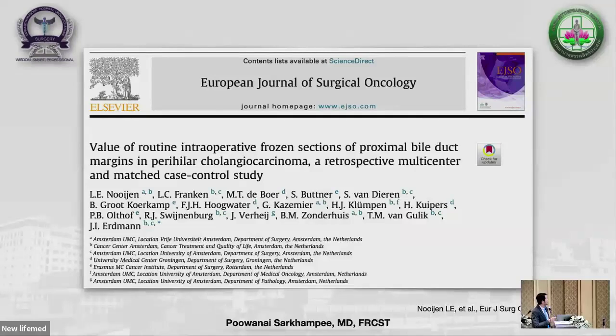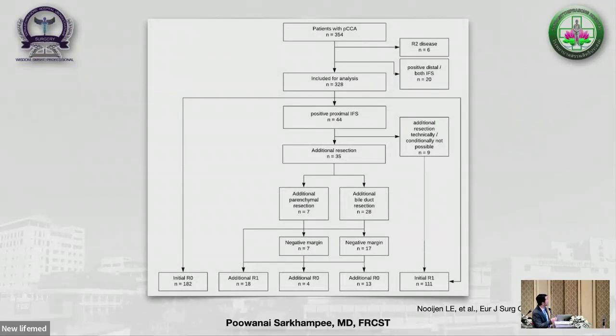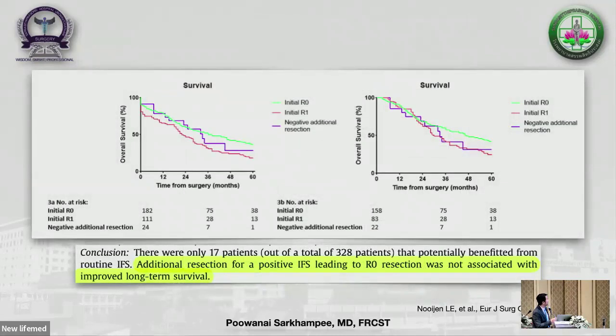And this is the paper from the Netherlands. They show this algorithm, and they found that there's no difference between secondary R0 and R1 in the final result. And initial R0 resection has the better outcome, okay?